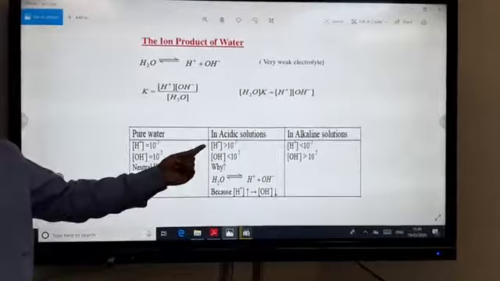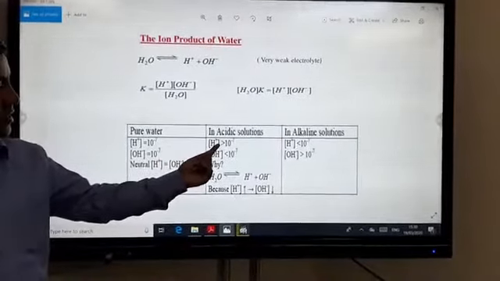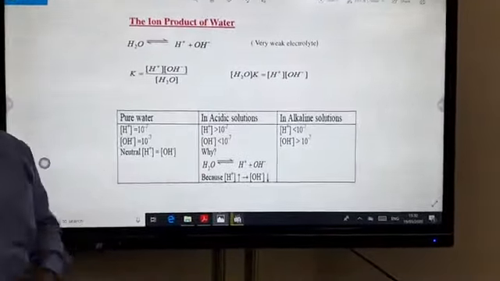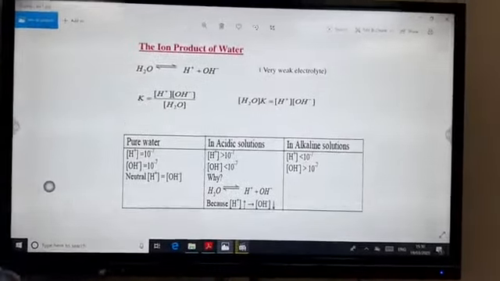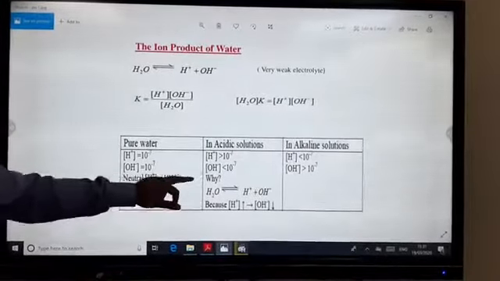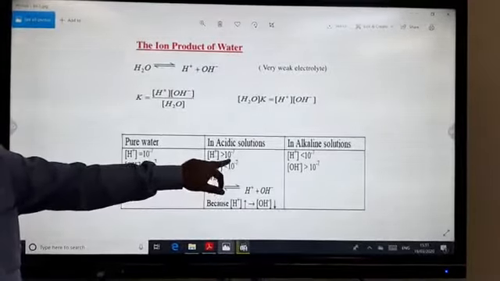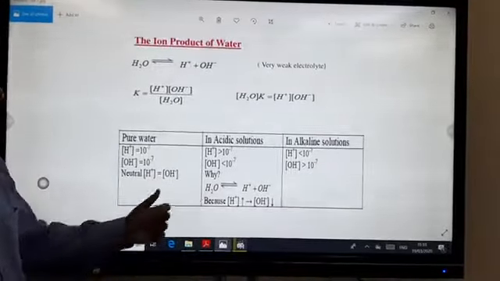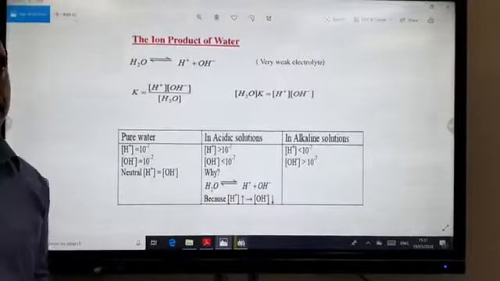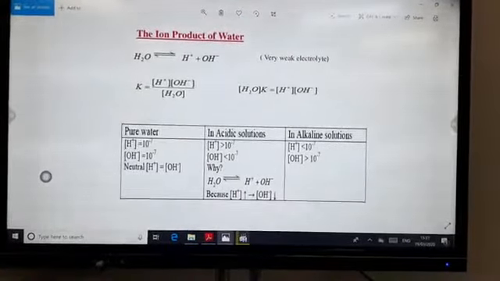Second, if the concentration of hydrogen ion is greater than 10 raised to the power minus 7, we call it an acidic solution. And look here, the concentration of OH minus is less than 10 to the power minus 7. Why? Because it will dissociate equally, hydrogen and hydroxide ion both.